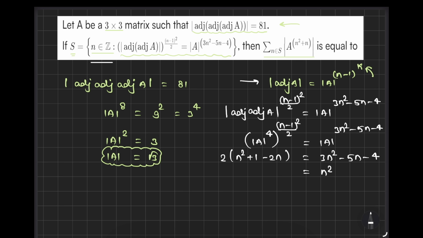Now this is 4n, so 4n will go that side. Sorry, this minus 4n will become plus 4n, so it will become 9n. Now we have 2 this side, so 2 will go that side, it will become minus 6. So this quadratic we got.